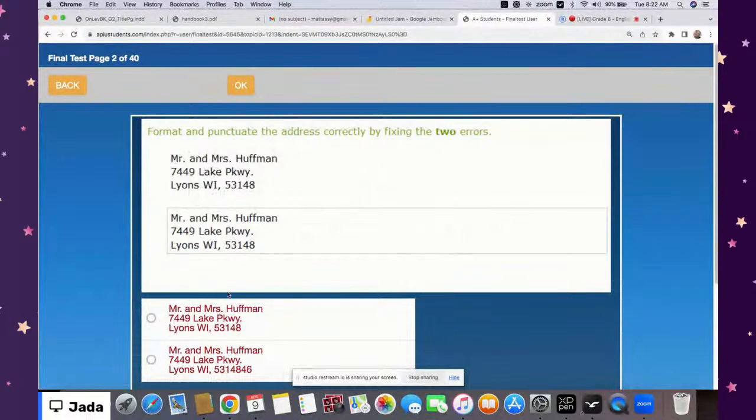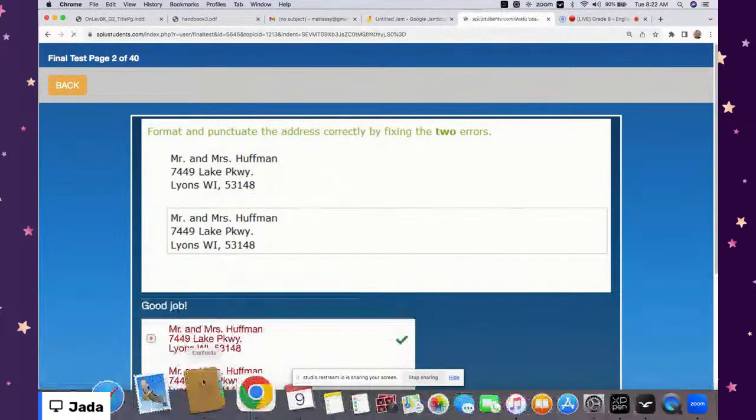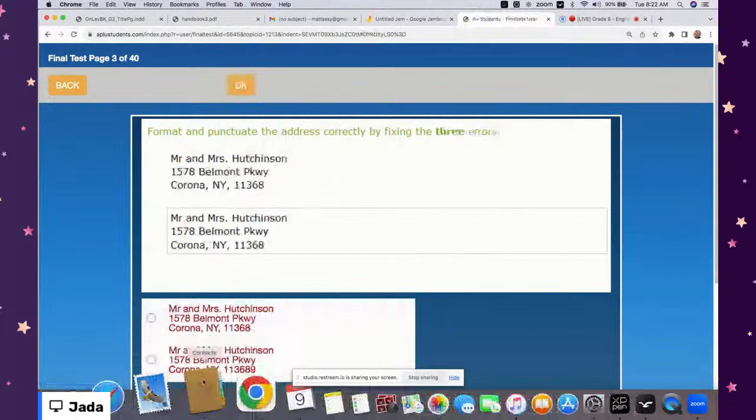You can let me know on the chat if you have any questions and I will explain. But so far, you can go on and do the final test after the main lesson. Just note that you have to follow the pattern: the name first, the street name, the city, the state, and then the zip.